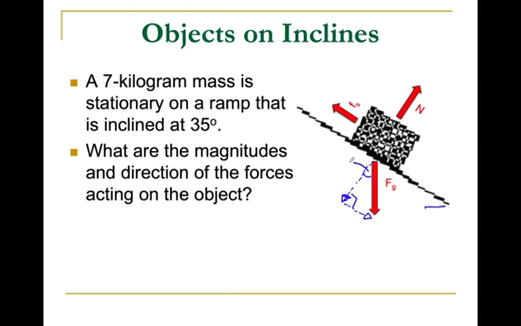This angle up here would be 35 degrees. And grabbing your handy dandy Inspire, if this is a 7 kilogram object, the force of gravity on it is just 7 times 9.81, which is roughly 68.7 newtons.